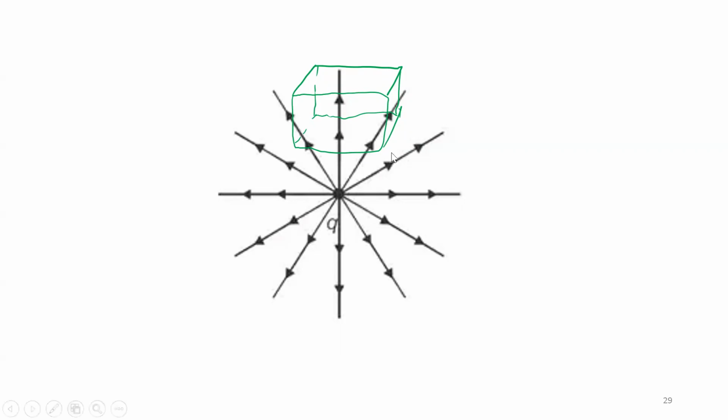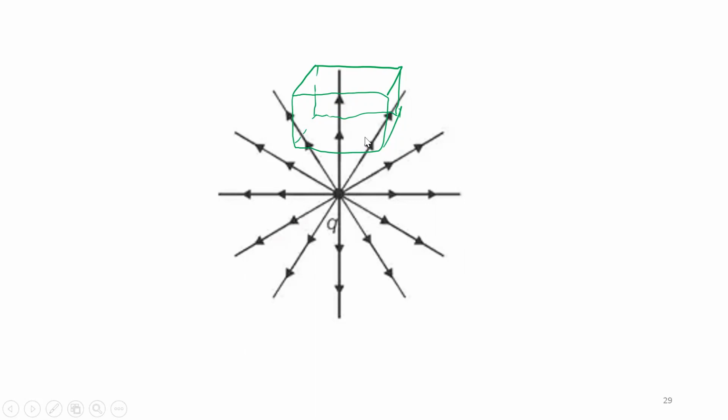You can see that the bottom face is basically the only face that will receive an inward flux. The bottom face will have this field going in. And because the bottom face is closest to the origin, the magnitude of the flux would be the greatest for the bottom face.